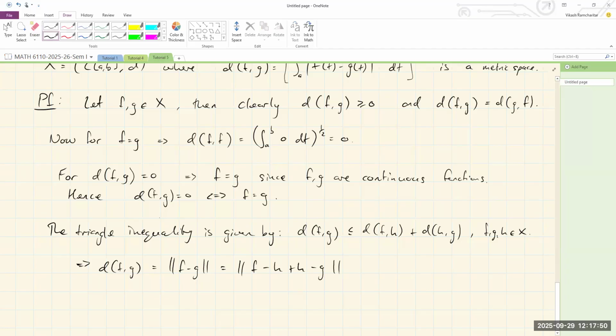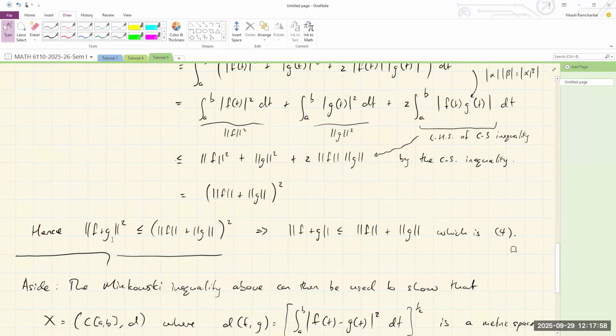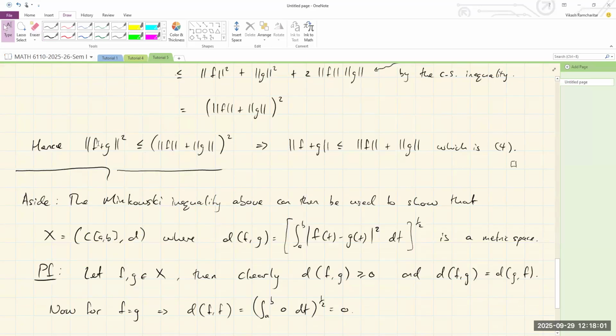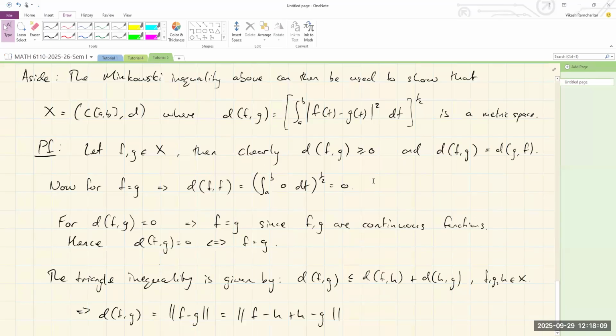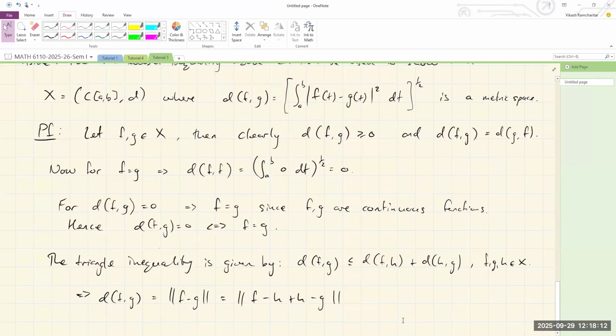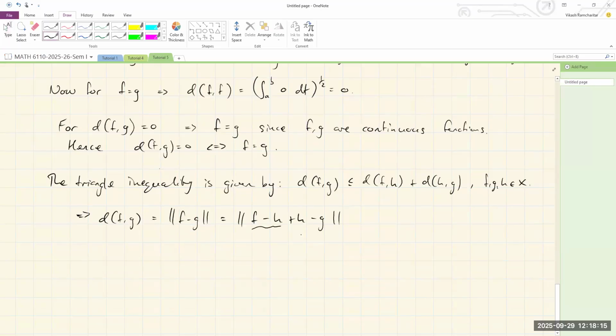Since we just proved it, Minkowski inequality tells us how to deal with this. If you have the norm of the sum of two functions, that's less than or equal to the sum of the norms. I'm taking this as one function and this as one function. So this is less than or equal to the norm of f minus h plus the norm of h minus g, by Minkowski inequality.